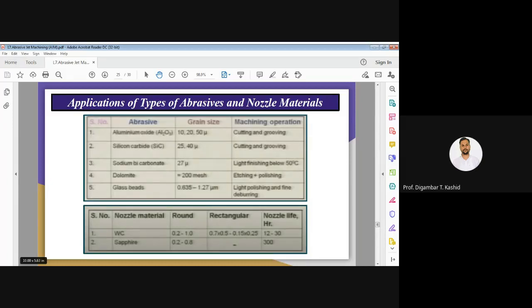A is Al2O3, the second option is SiC, the third is glass beads, and the fourth is all of the above. So D is the correct answer, because all of the above are abrasive types. That is correct.